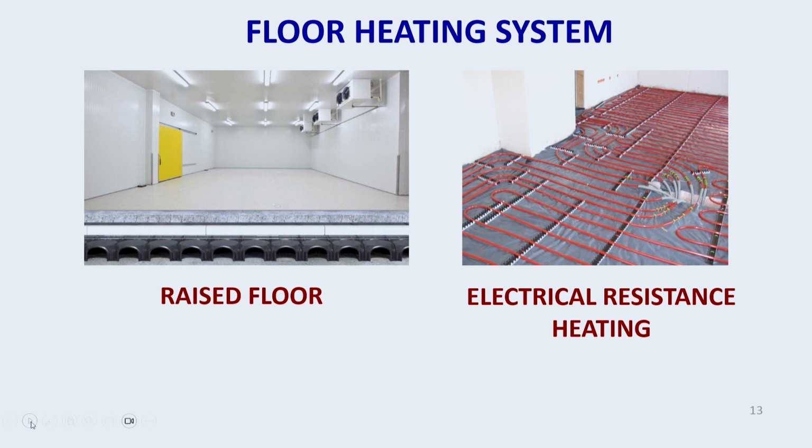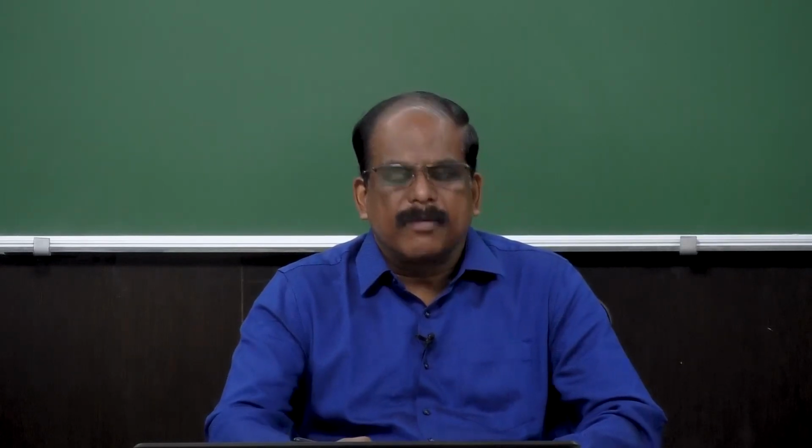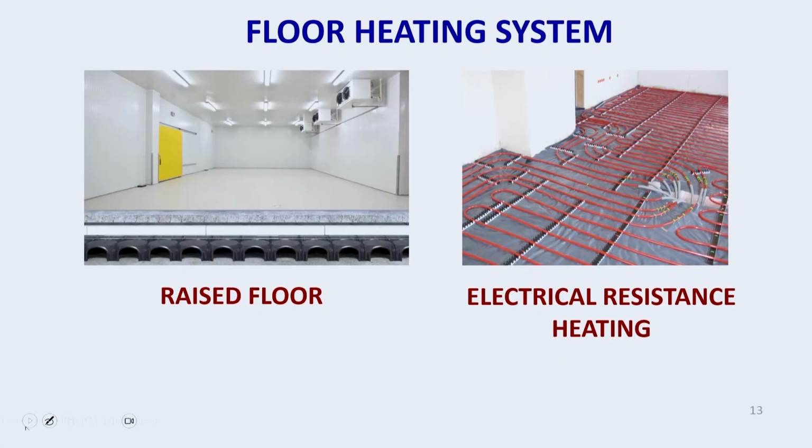Here you can see a heating element used underneath the floor to heat it in order to prevent the formation of ice or freezing. So these are some of the methods of floor heating system.